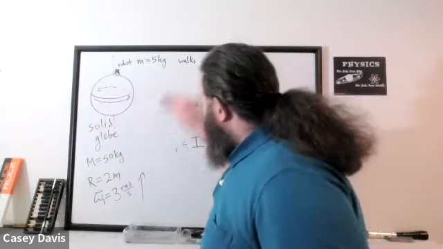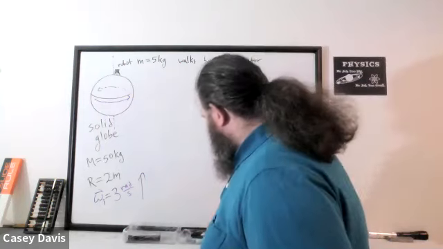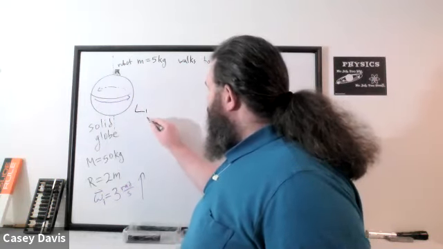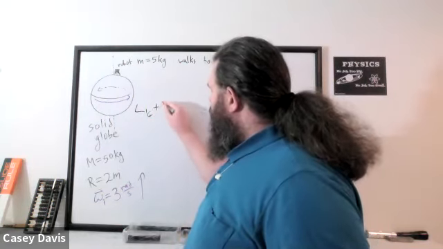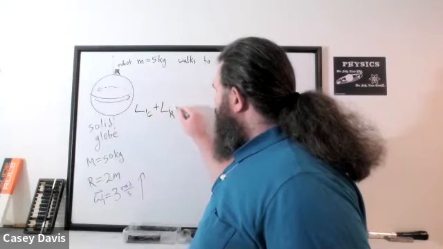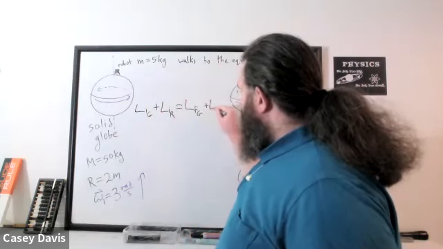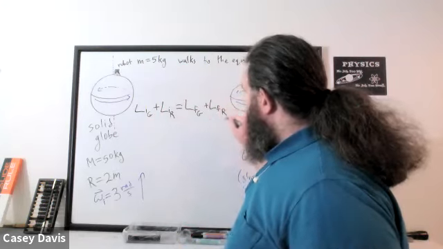If we flesh this out with both objects, we have the initial angular momentum of the globe, the initial angular momentum of the robot, the final angular momentum of the globe, and the final angular momentum of the robot.